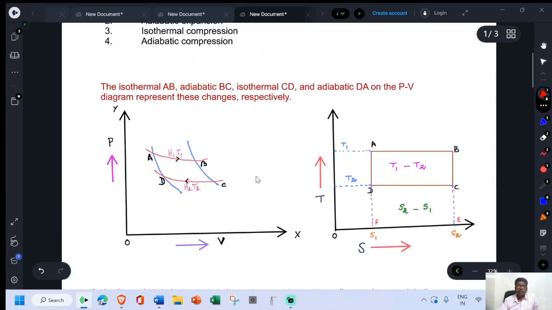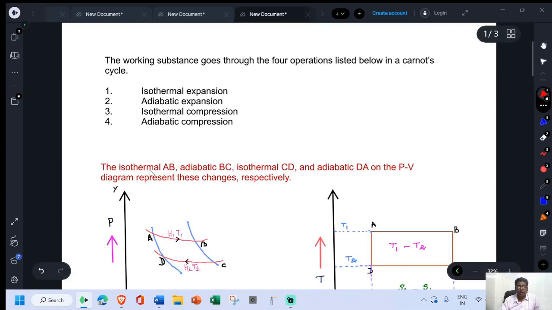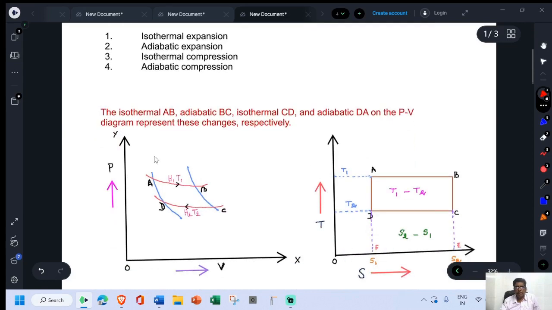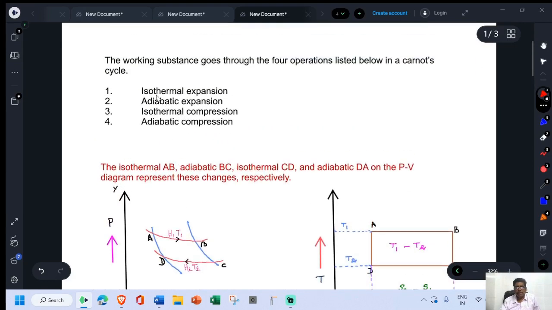Now read out this. The isothermal AB, adiabatic BC, isothermal CD and adiabatic DA on the PV diagram represent the changes: isothermal expansion, adiabatic expansion, isothermal compression, adiabatic compression respectively.